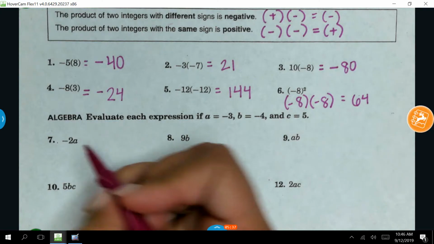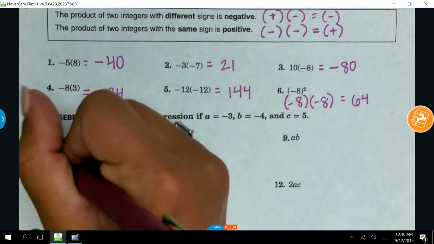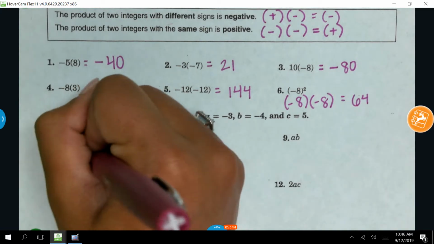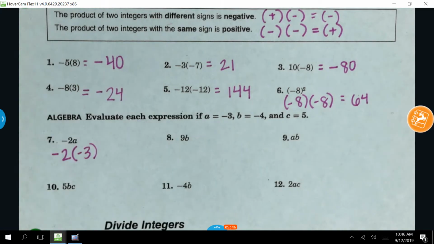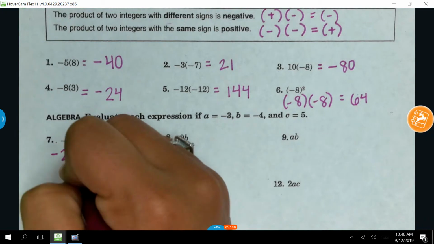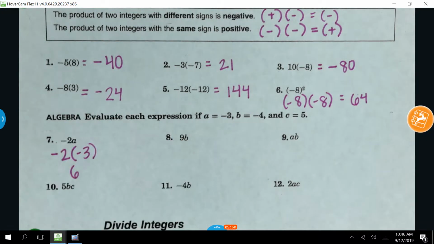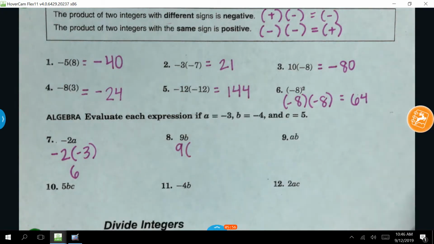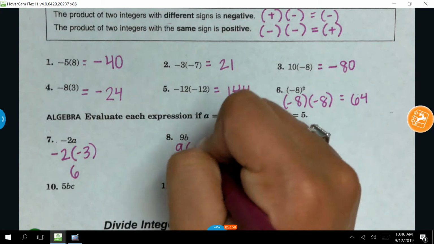All right, so number 7, I have -2 times A. What is A? -3. So that means -2 times -3 gives me +6. Number 8, I have 9 times B, and B is -4.